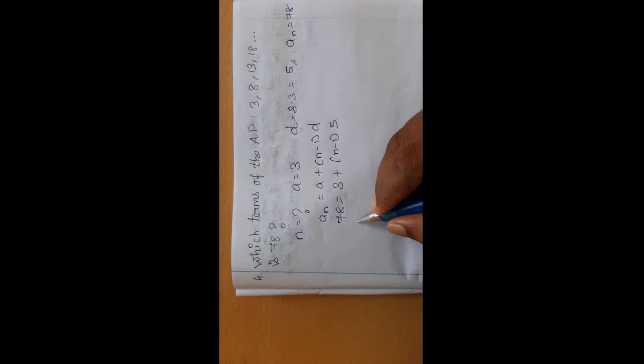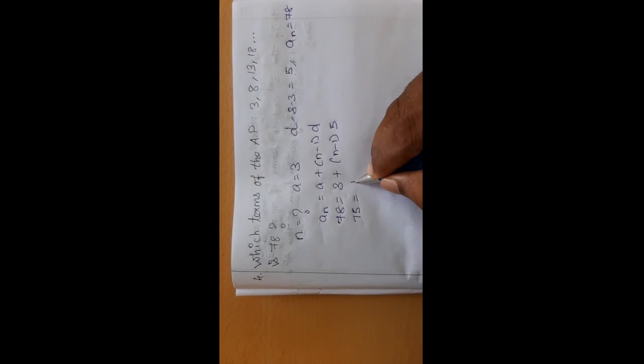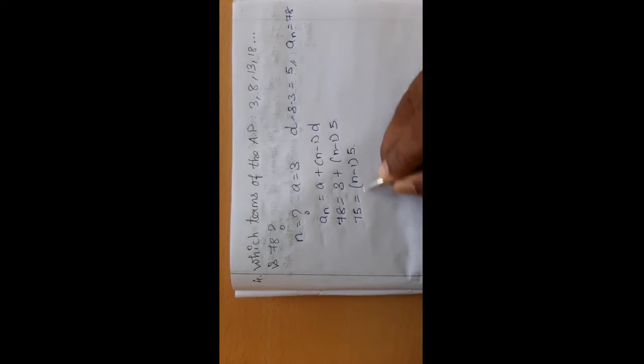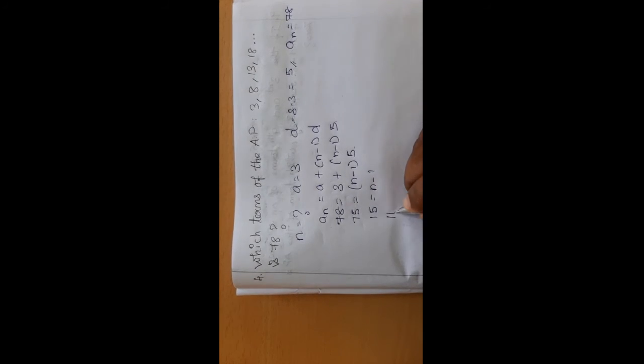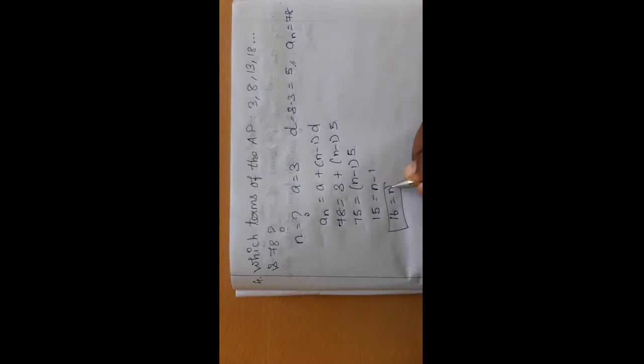If we bring 3 over, it will be a subtraction, so 75 is equal to n minus 1 into 5. If we divide 75 by 5, it's 15 is equal to n minus 1. If we bring minus 1 over, it becomes plus, so 16 is equal to n. So 78 is the 16th term.